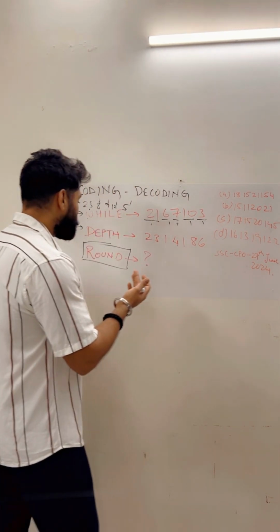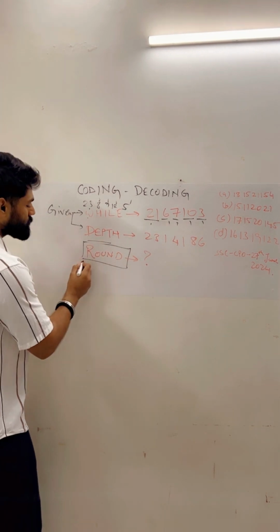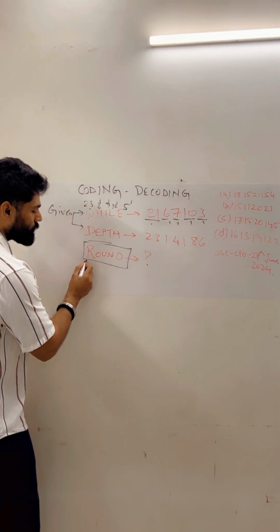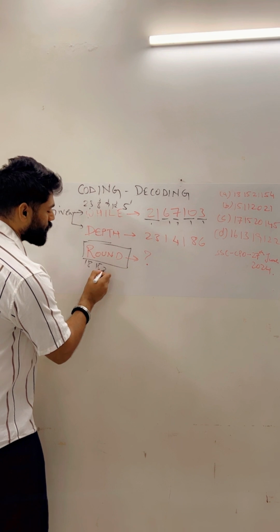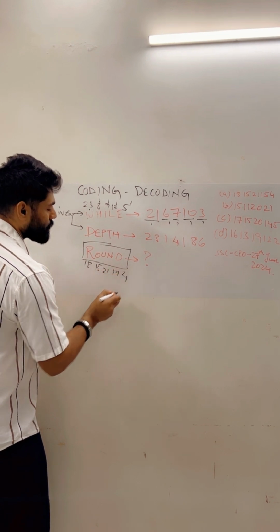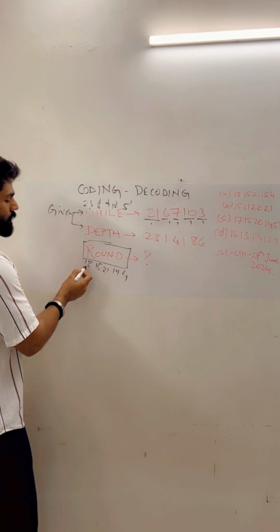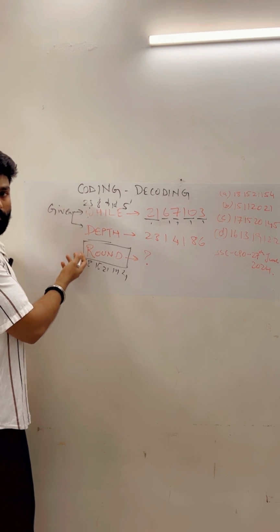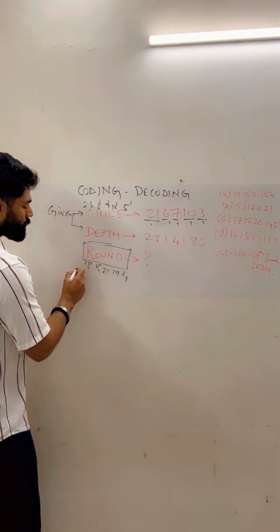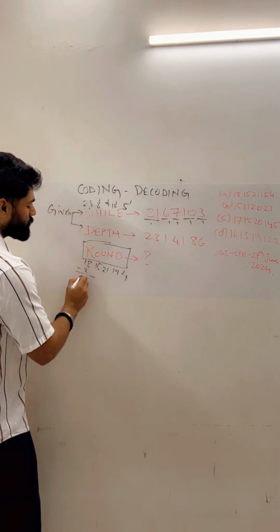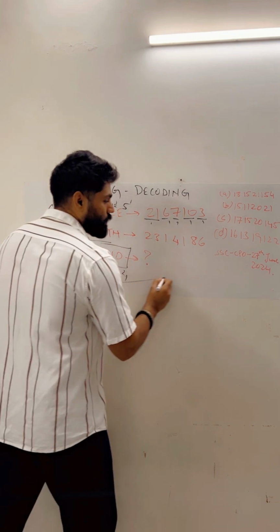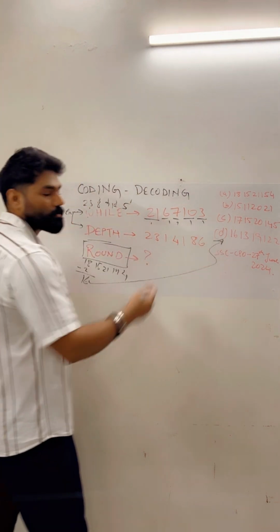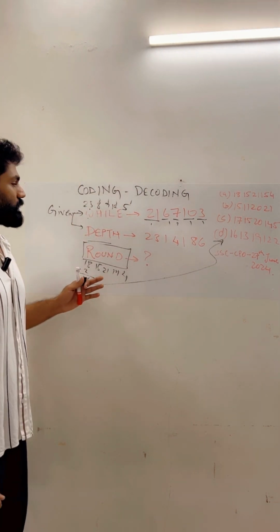So let's go directly to the question. It's ROUND, and its positional values are 18, 15, 21, 14, and 4. Whatever comes after subtracting 2 from the first alphabet will be your answer. 18 minus 2 is 16, and 16 is given only in one option. So you can see that it's pretty easy.